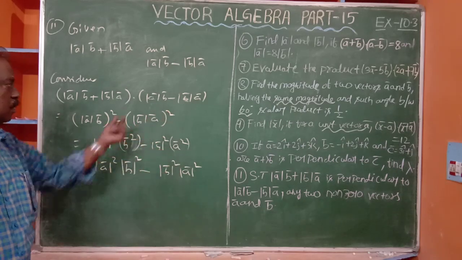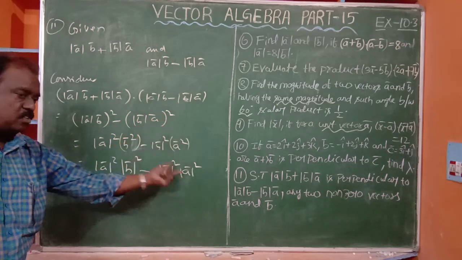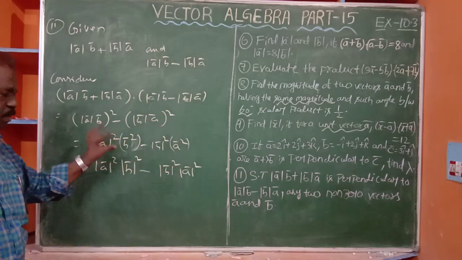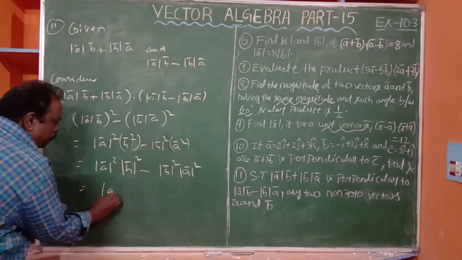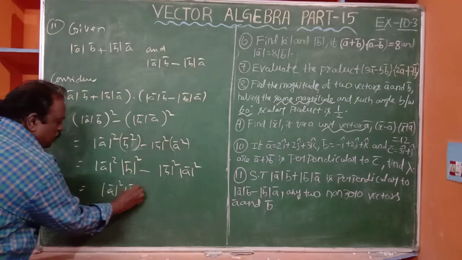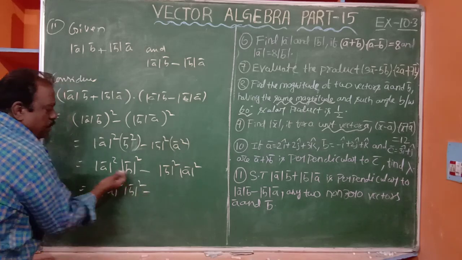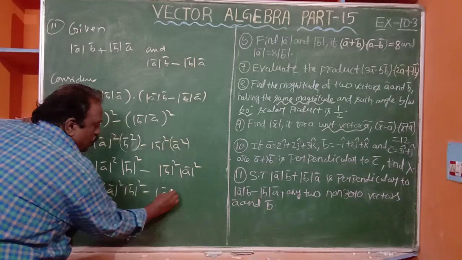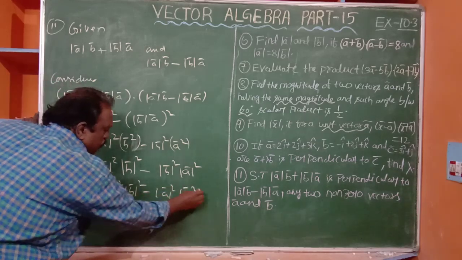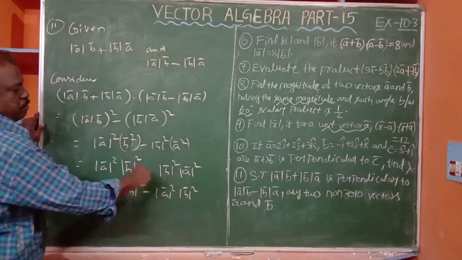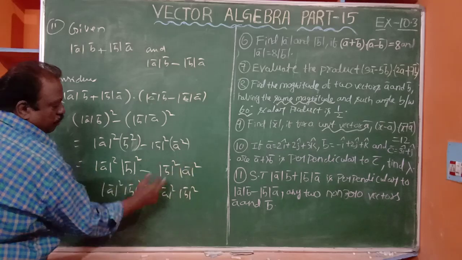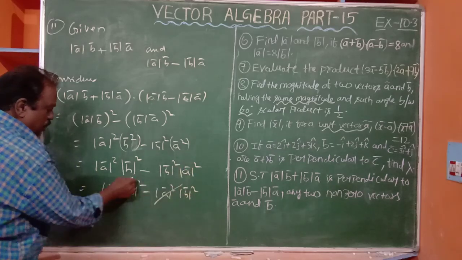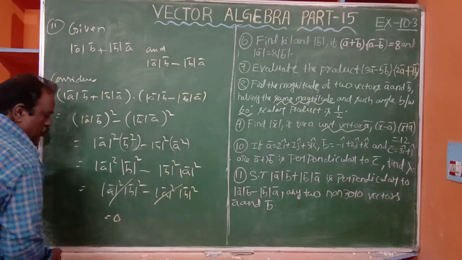The square of a vector is the square of its magnitude. That is the only thing here. Here it is a number, and modulus means a number. A number follows the commutative law, so modulus of B bar and modulus of A bar square are just like 6 into 5, 5 into 6. So it is the same. We get 0.